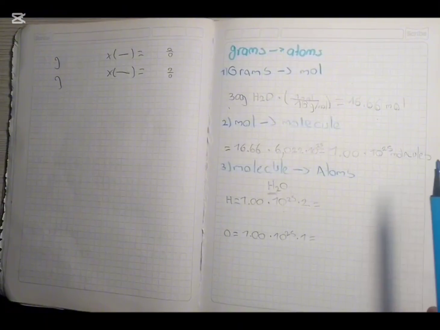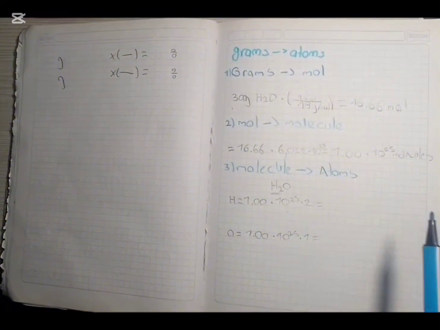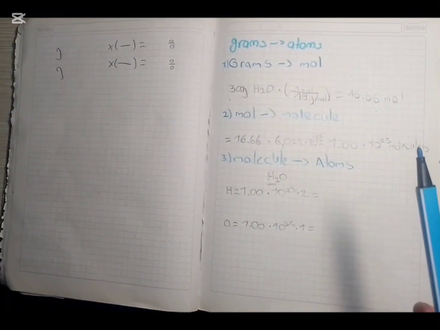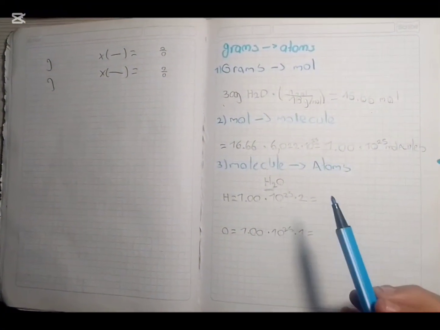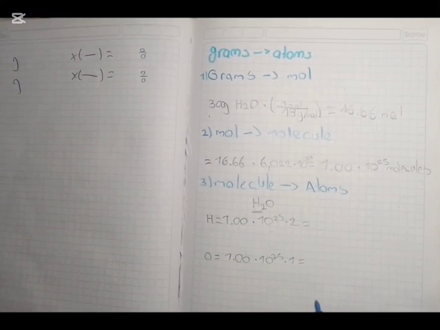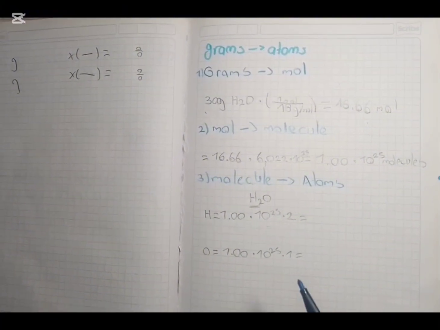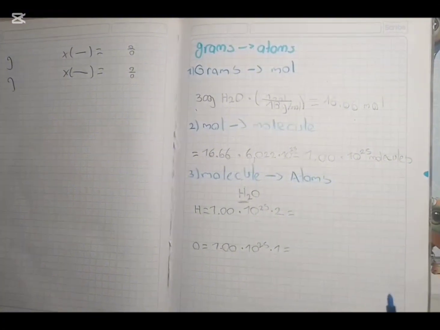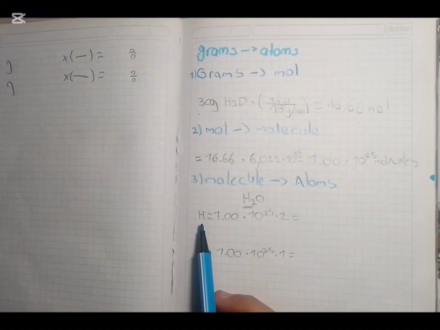The next step is to get atoms, but I have molecules. The molecules of water are 1.00 multiplied by 10 to the 25, okay? But I'm going to separate them, and I start with hydrogen.